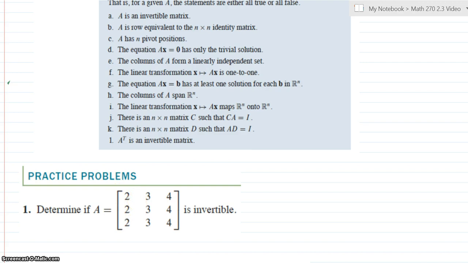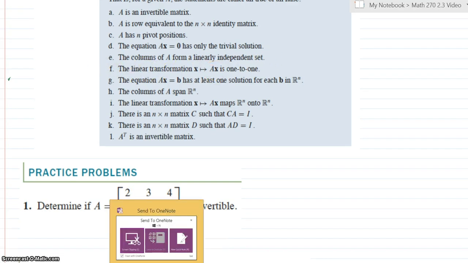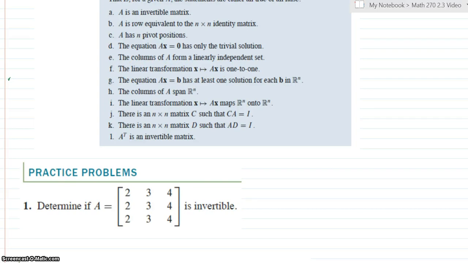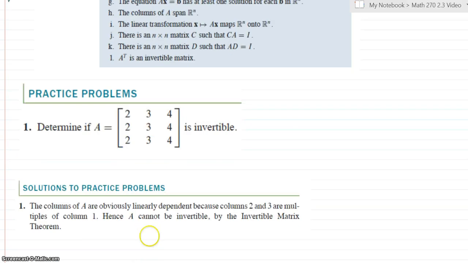So therefore, they're dependent, which means they are not linearly independent. P if and only if Q is the same as saying not Q if and only if not P. So we have it's not independent, so therefore it's not invertible. Here's their solution.